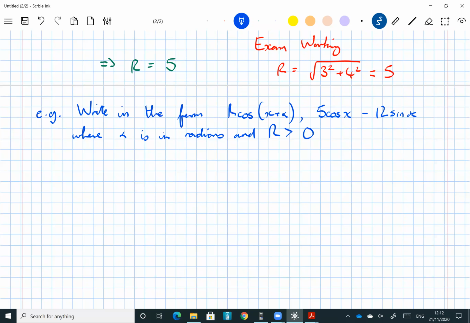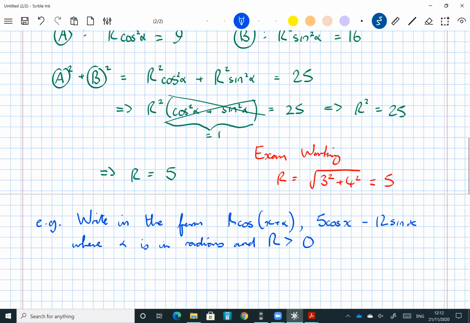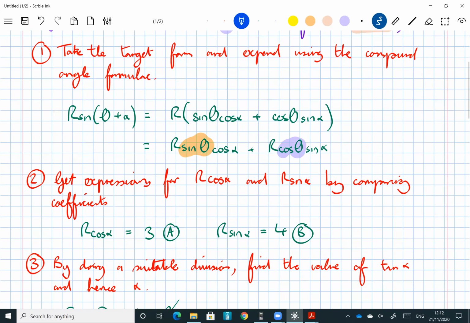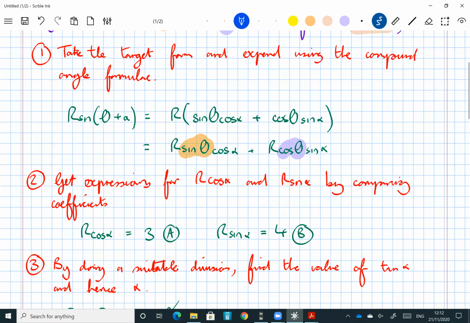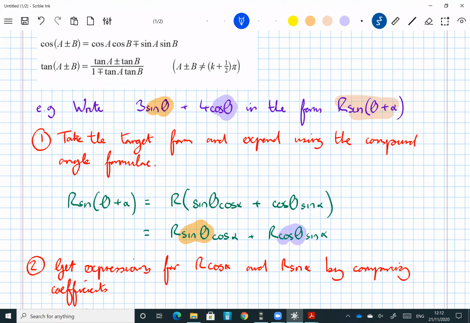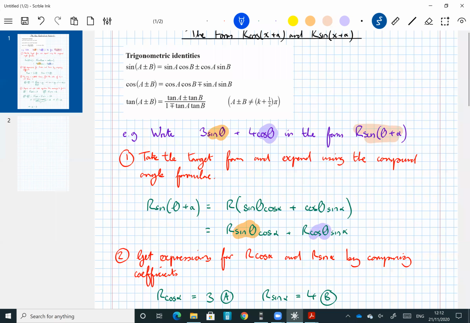Follow the instructions exactly. So I'll put the instructions back on the screen for a couple of minutes. See how far you get with it. And I think the key step is step 1 about expanding using the trig formulae. So I'll put the relevant formula on there as well. Zoom out a little bit. There we go. So take a few moments.